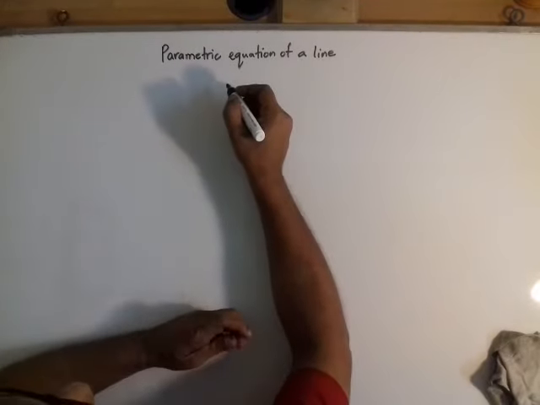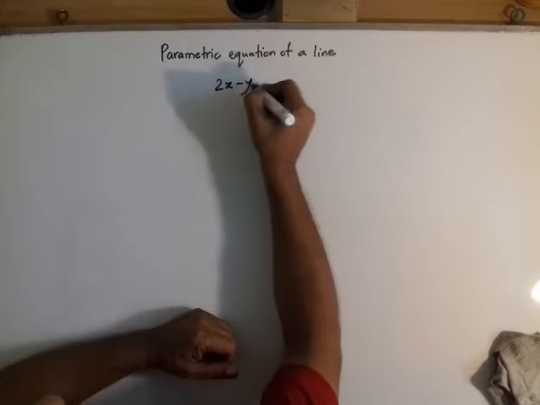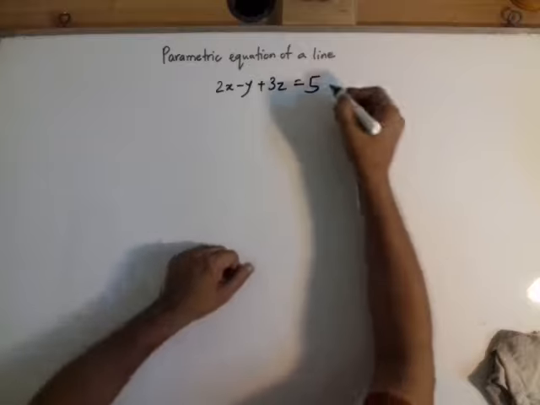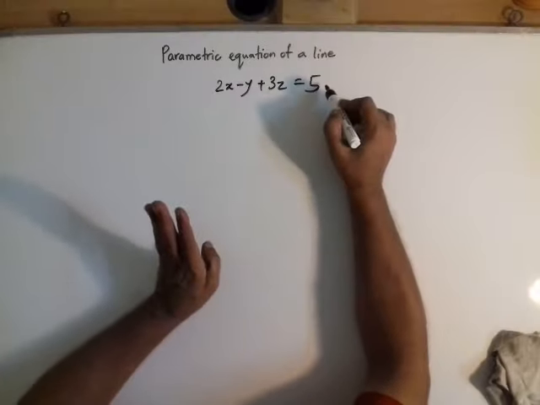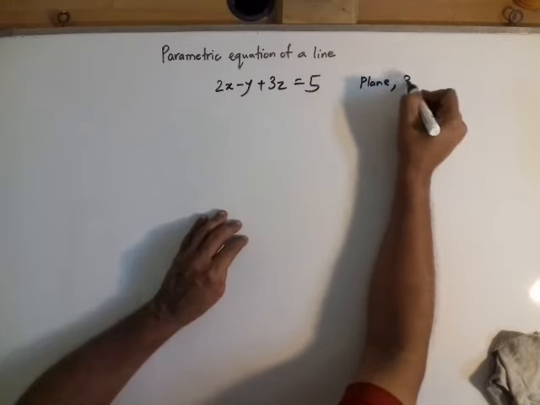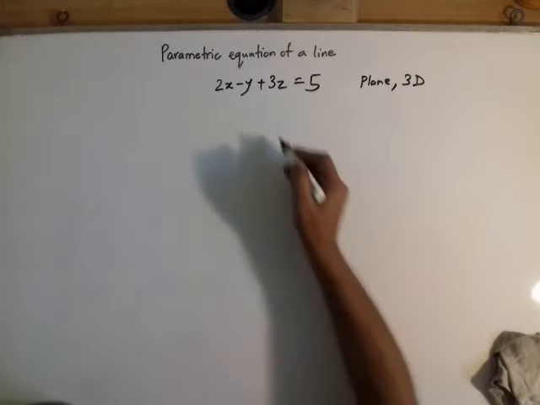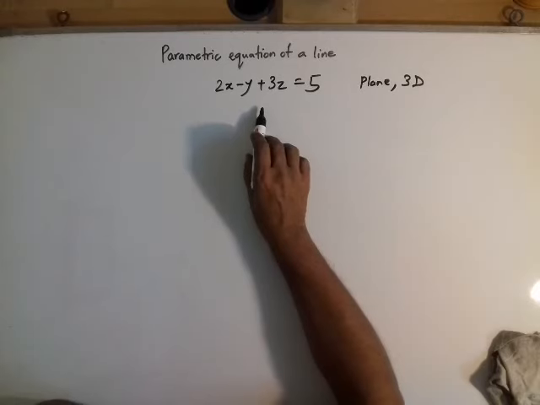Now let's say I have a plane. So we are assuming this is a plane. I'm just going to go ahead and assume that this is the equation of a plane in 3D. Okay, now I'm going to find out 3 points on this plane.